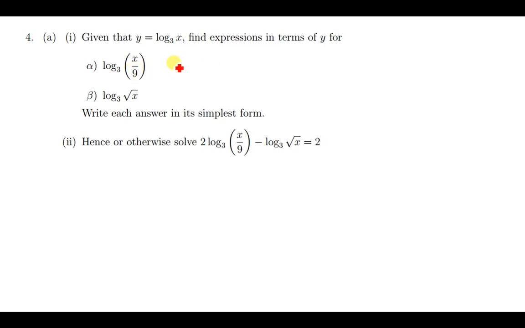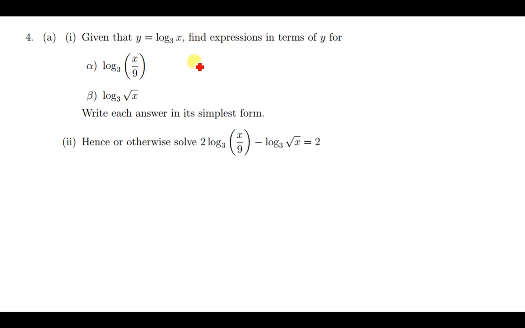So the first thing that you need to understand is that when you have two functions dividing in logarithms, that is just the same as subtraction. And when two functions are multiplying, it's just the same as addition.